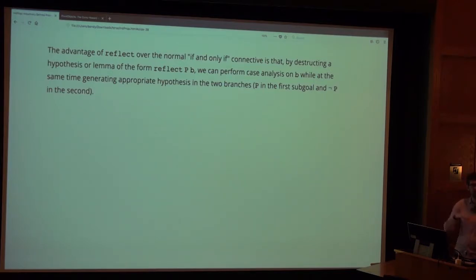We have the case where B was true, and we get as an extra bit of information that P also holds as an assumption. And in the other case, B was false, in which case not P. So when we do case analysis on this, we either get P or we get not P, and we don't have to do any rewriting with this if statement.